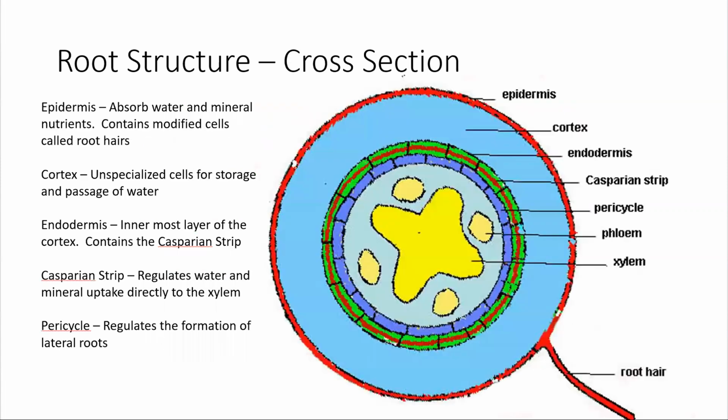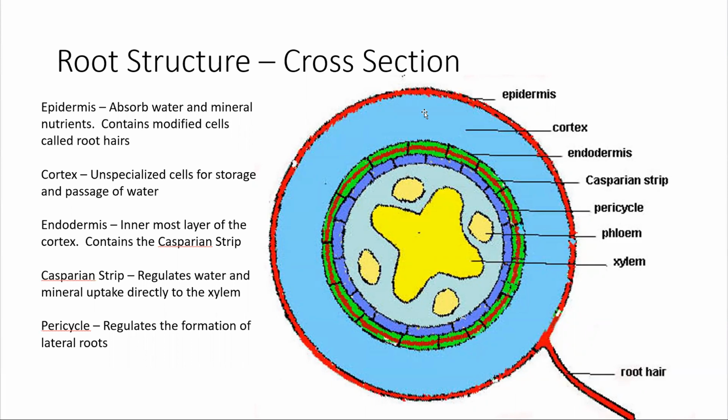So if we take a cross section, not a vertical cross section, and we look at this, here is our epidermal layer, in red. And you see that this red goes around in this circle, and it also comes out here. This is a root hair. This is a modified epidermal cell called a root hair.